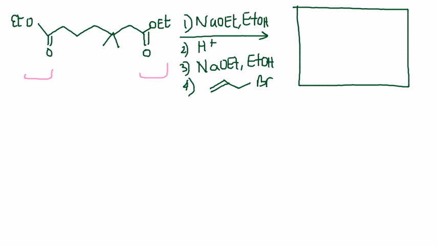Notice I'm still keeping my OEt consistent with the solvent and the base, and then I'm supposed to treat it with acid, and then I'm supposed to again treat it with some kind of a base, and ultimately with some kind of an alkyl halide in this case, and we'll see where we go from there. So whenever you have a two ester type system, you're basically talking about Claisen condensation.